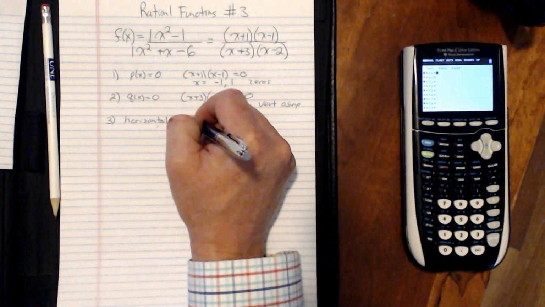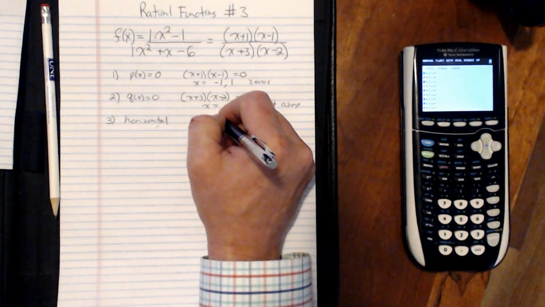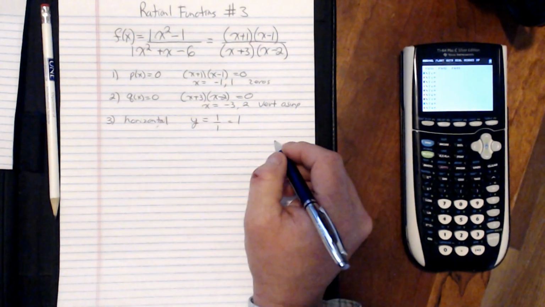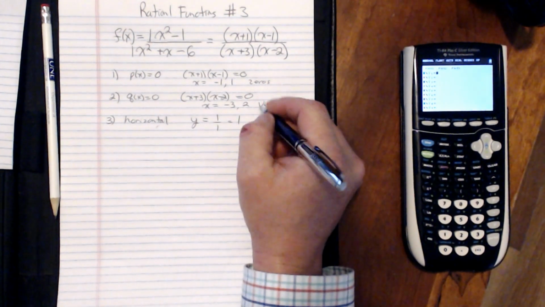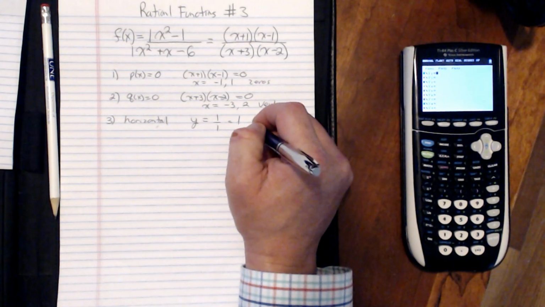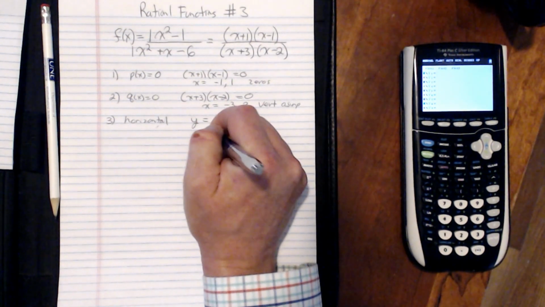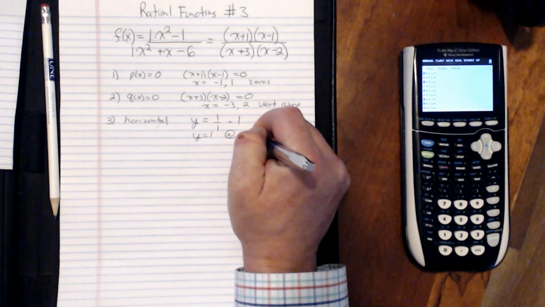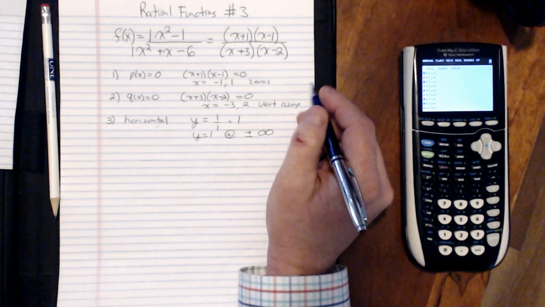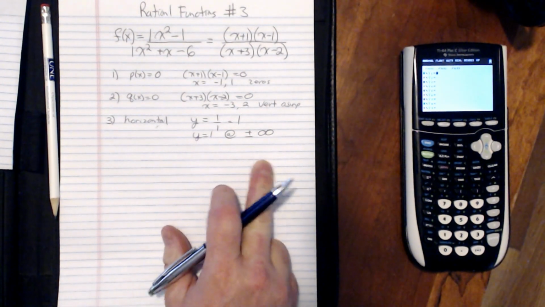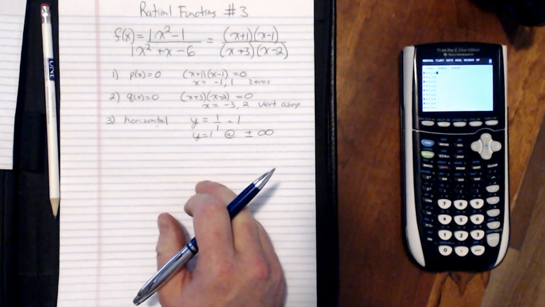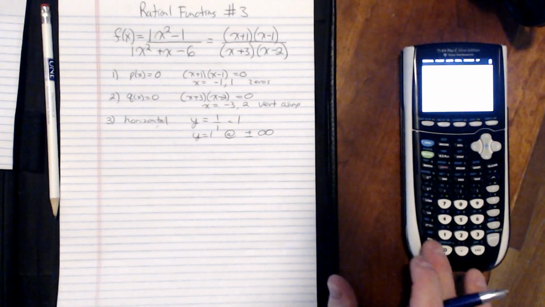So my horizontal asymptote is going to be 1 over 1, which is equal to 1. So that means it's going to approach y is equal to 1 at positive and negative infinity. So as x goes to positive infinity or negative infinity, y is going to be equal to 1.